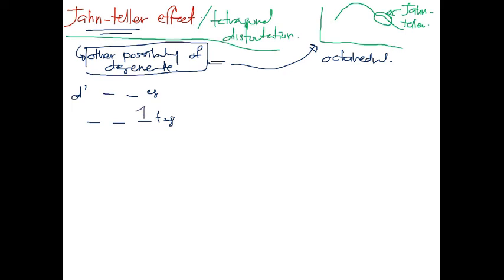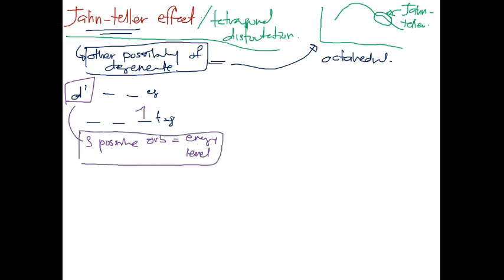So it means that with D1 you have 3 possible orbitals, or degenerate orbitals, for you to fill up your electrons, and these possible orbitals are at the same energy level. With this criterion, you can observe the Jahn-Teller effect.